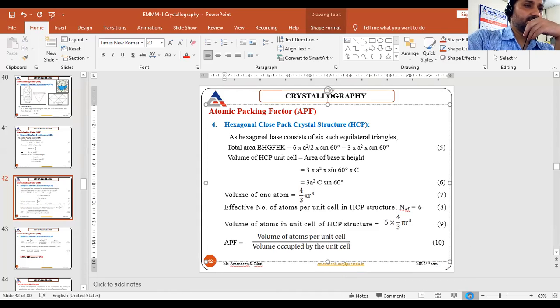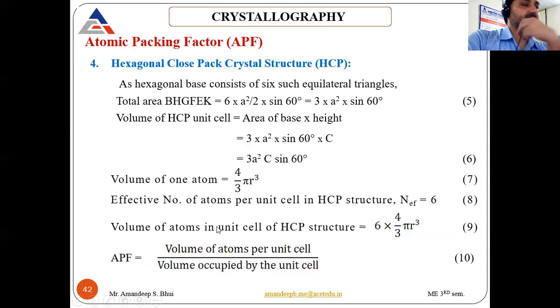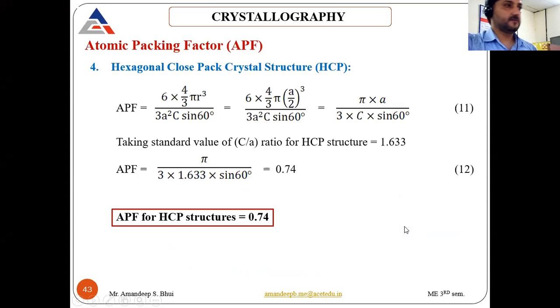So the total volume of the atoms in the HCP structure will be equal to 6 multiplied by the volume of one atom, 4 upon 3 pi r cube. So from the definition of APF, we substitute the value of the volume of atoms on top and the volume of the unit cell, 3 A square C sine 60, at the bottom. If we simplify this, we will have pi into A upon 3C into sine 60.